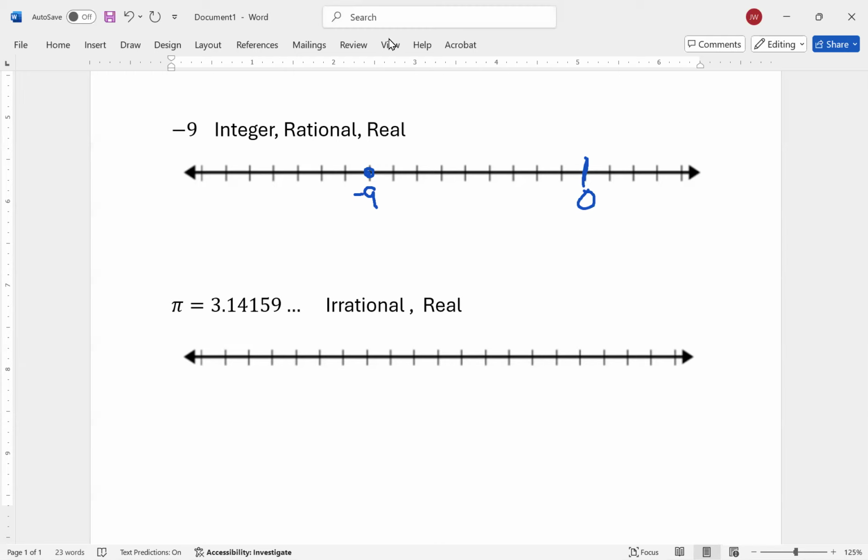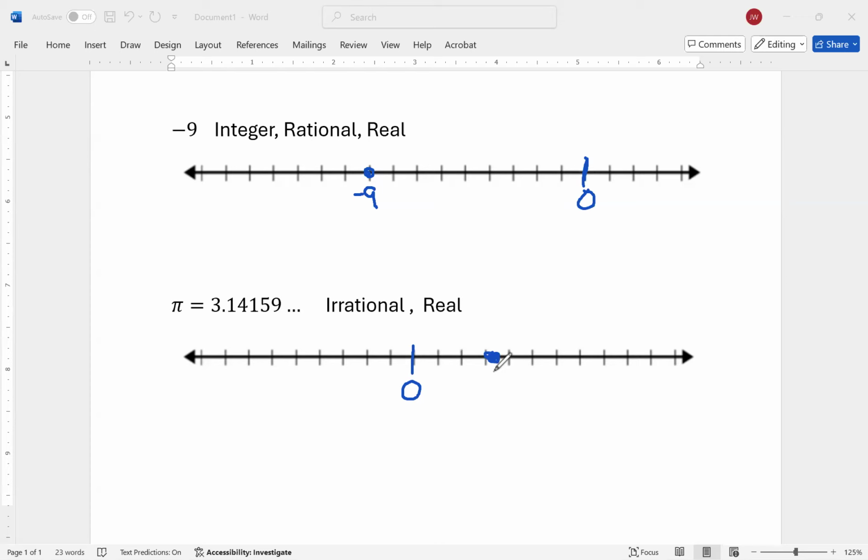If you're going to plot this on a number line, what I would do probably is I'd plot out where 0 is, and then I'll use each tick mark as a 1. Since it's a little bit above 3, pi is somewhere right here, somewhere in that neighborhood.